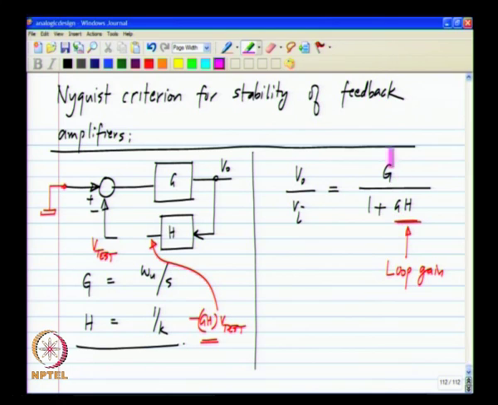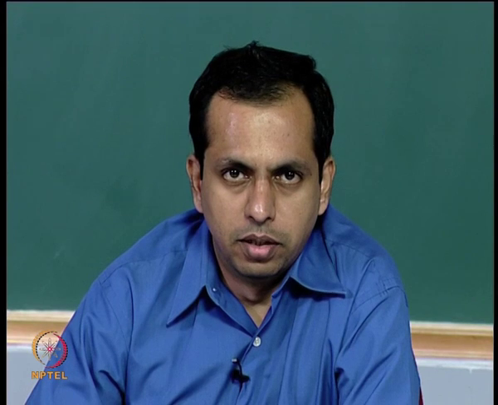And as you can see from this expression, the gain will become infinity if GH becomes minus 1, okay, if the loop gain becomes minus 1. So, the stability criteria usually revolve around the loop gain and the value of minus 1, that is you should not have a loop gain to be equal to minus 1. So, how to avoid it and what to do with the loop gain, that is what the stability criteria work with.